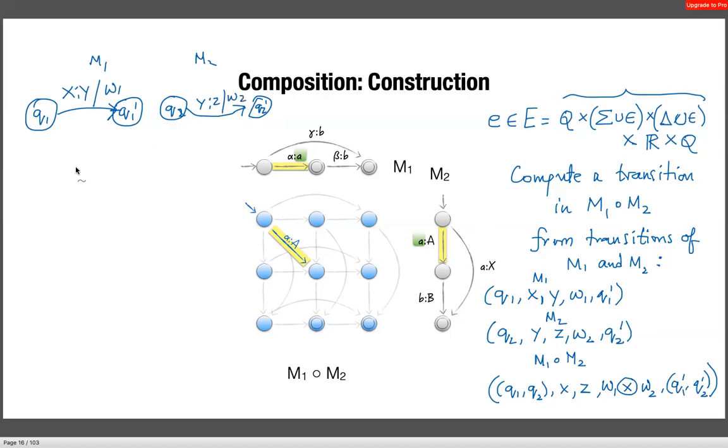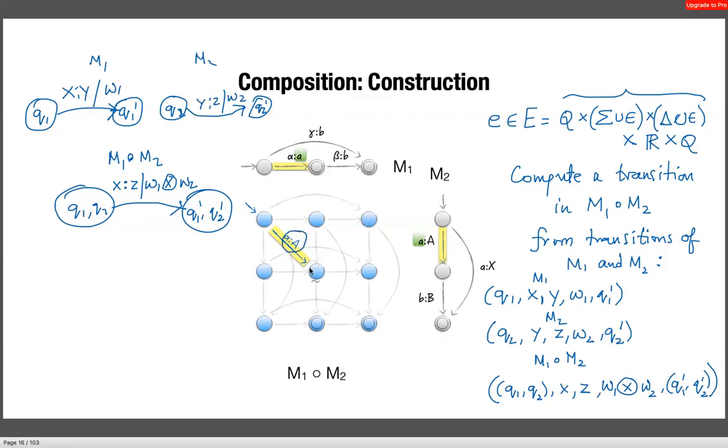Then the resulting transition in the machine M1 composed with M2 would look like Q1 comma Q2 transitioning into Q1 prime comma Q2 prime, and the transition would be X mapping to Z directly, with a weight of W1 times W2. In the tropical semiring, that would just be adding the two weights. And that's exactly what this alpha mapping to capital A is.